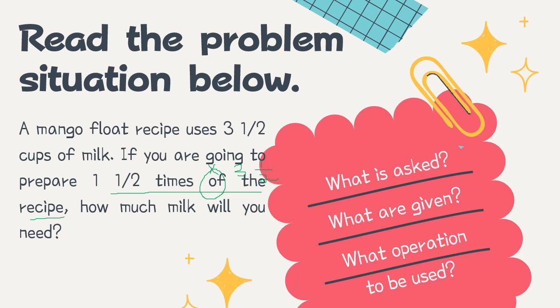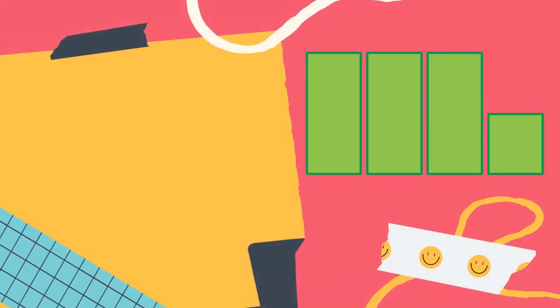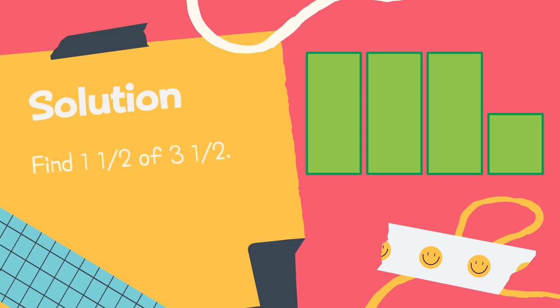How are we going to find the answer? Let's see. So now let us solve the problem. Find 1 1/2 of 3 1/2. First step, we need to change the mixed fractions to improper fractions.